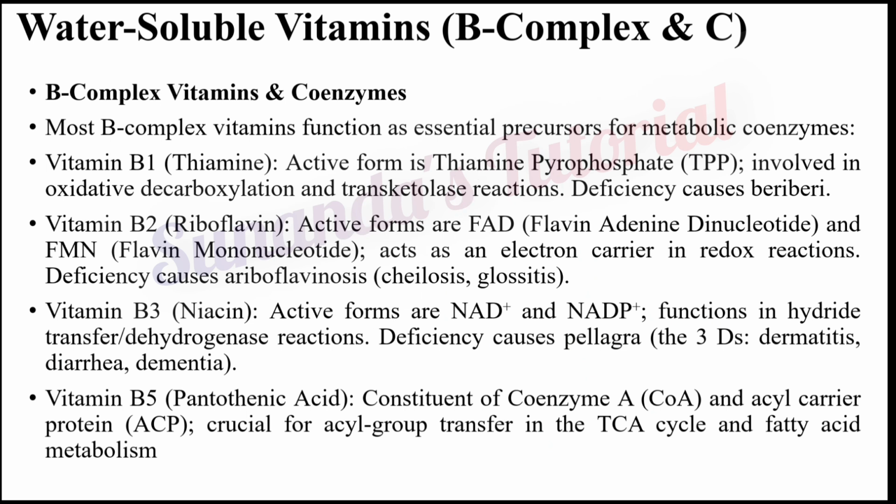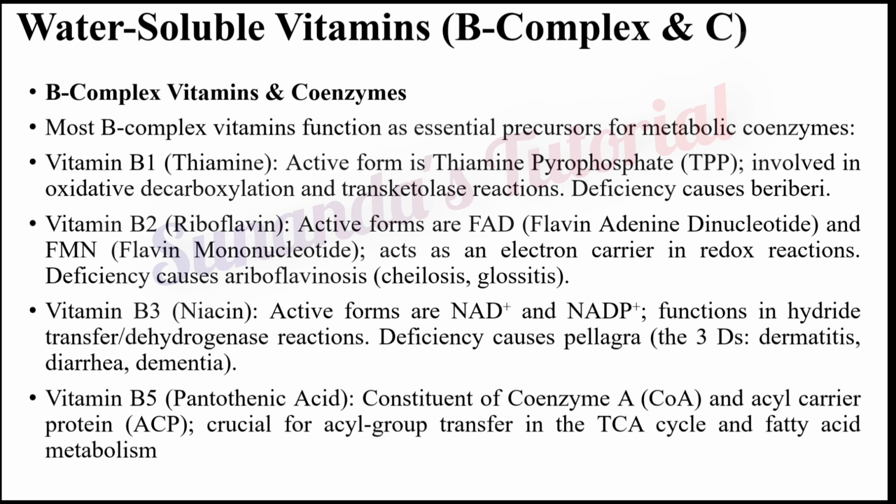Next, vitamin B3 or niacin. The active forms are NAD+, nicotinamide adenine dinucleotide, and NADP, nicotinamide adenine dinucleotide phosphate. It functions in hydride transfer and dehydrogenase reactions, and its deficiency causes pellagra.